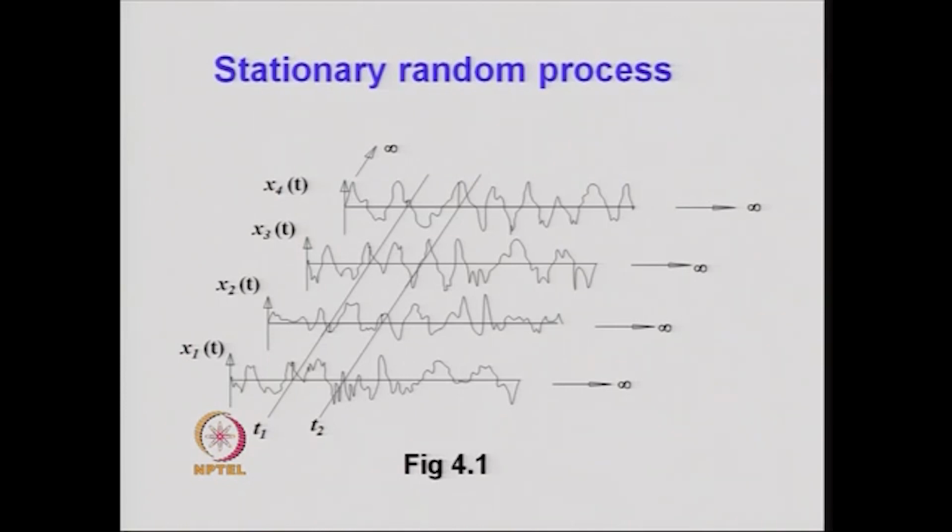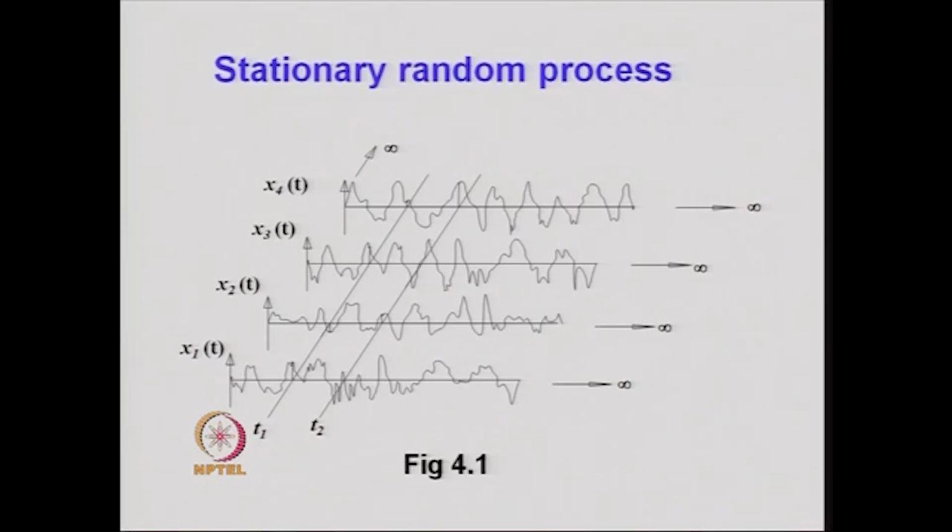Ideally, if we wish to define a random process, we must have an infinite number of records, and each record should be of infinite duration. However, in reality we cannot have an infinite number of records, nor an infinite duration of the ground motion, or for that matter any other time history.